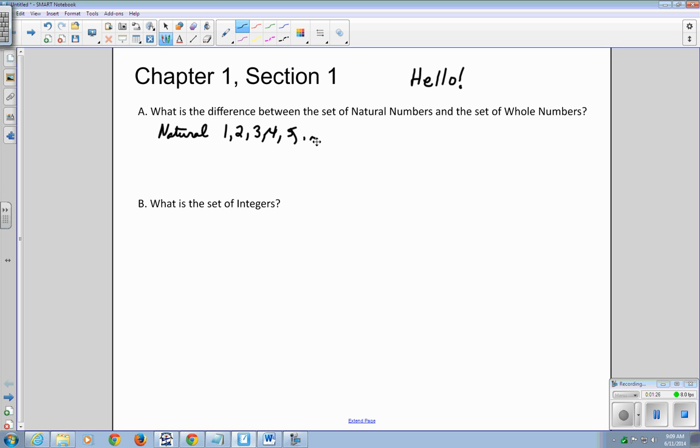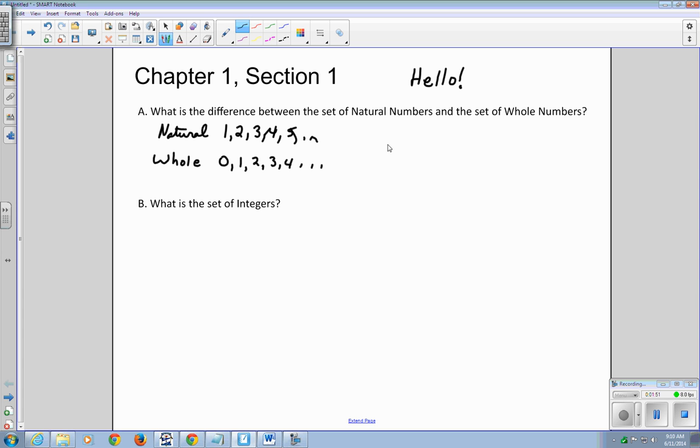The whole set of natural numbers includes the set of numbers starting with 1, whereas the set of whole numbers adds an additional concept of the number 0. Then we start counting with 1, 2, 3, 4, and so on down the line. Each of these represents our set of numbers.